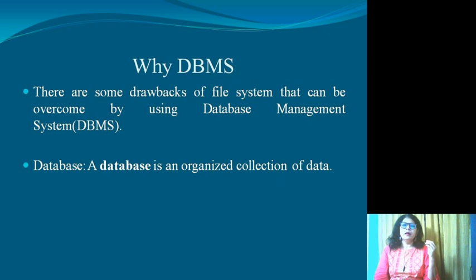Then due to that, what will happen? Suppose one student is there, his information will be stored in three different places. This is known as redundancy, or the duplication of the particular data. Redundancy means duplication, that means the same data is stored in three different places. Due to this redundancy, inconsistency occurs.